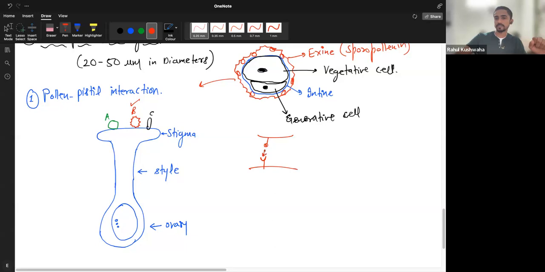They will interact with each other, there will be a ligand-receptor binding, and you will know that, oh, this is the right match. So write down about pollen pistil interaction. We'll first just do pollen pistil interaction, and then we'll move forward.